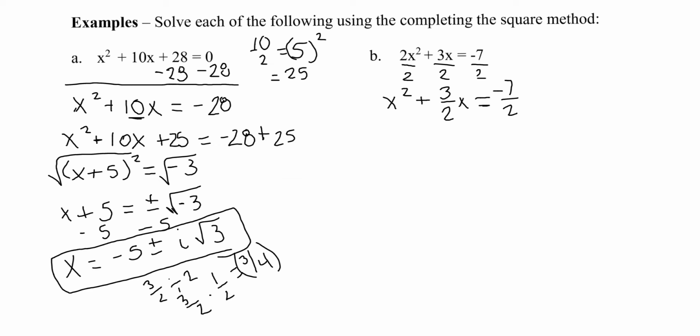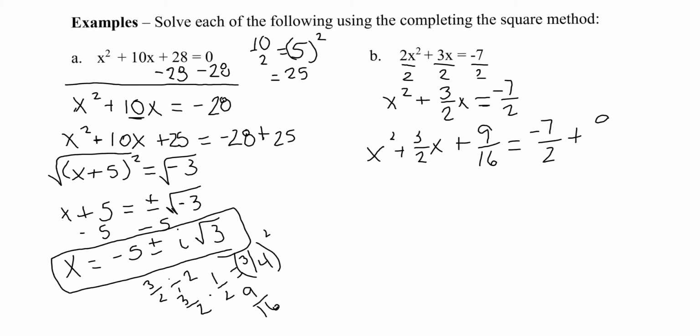When you square 3/4, you do 3/4 times 3/4, and it will give me 9/16. So that's what I'm going to add to both sides. I'm going to do x squared plus 3 halves x plus 9/16 is equal to negative 7 over 2 plus 9/16.